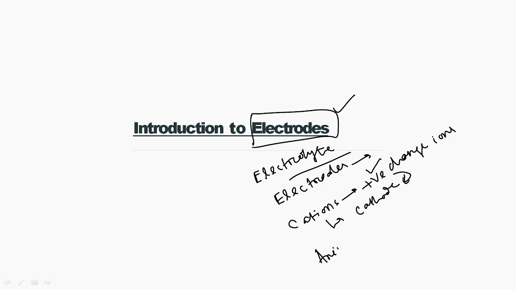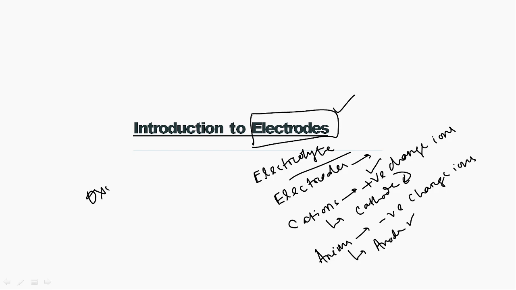Similarly, we have anions. These anions are negative charge ions and they move towards the anode, which is the positive terminal. This process involves two reactions.